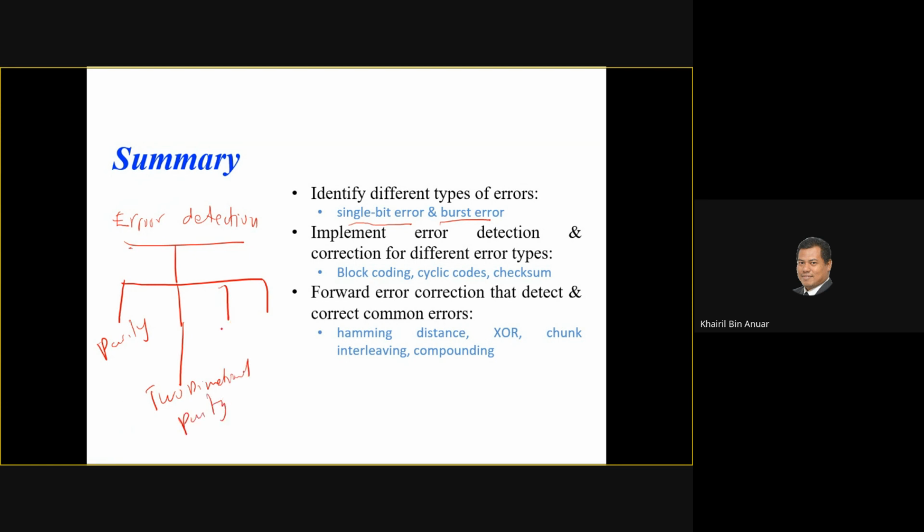Then we have the CRC, cyclic redundancy check, and finally the checksum. For error correction, we'll see later on the different methods. We have also seen the Hamming distance, chunk interleaving, and compounding for the forward error correction methods.